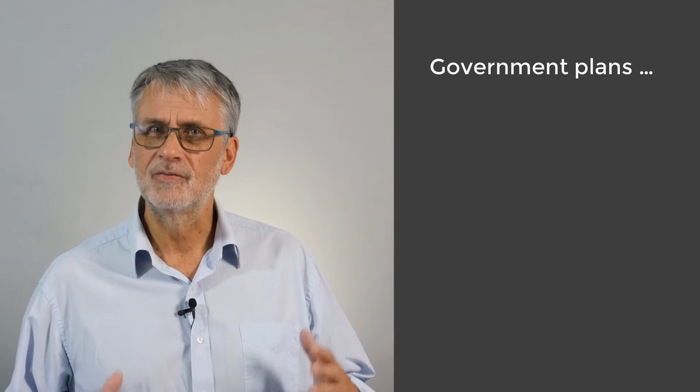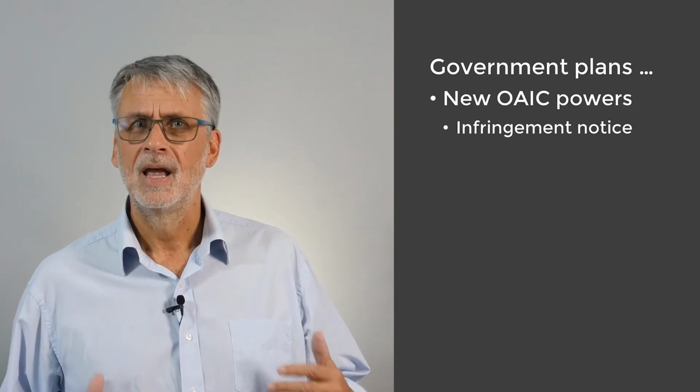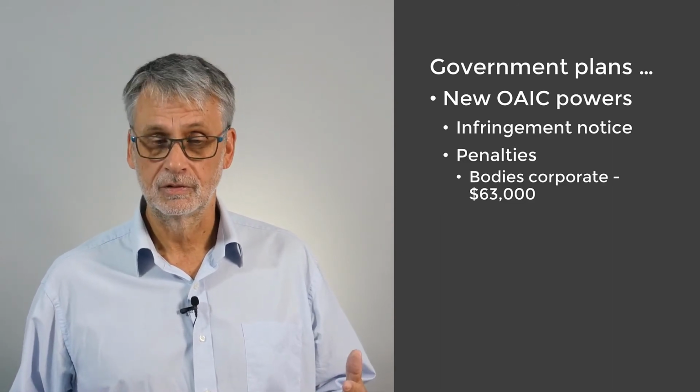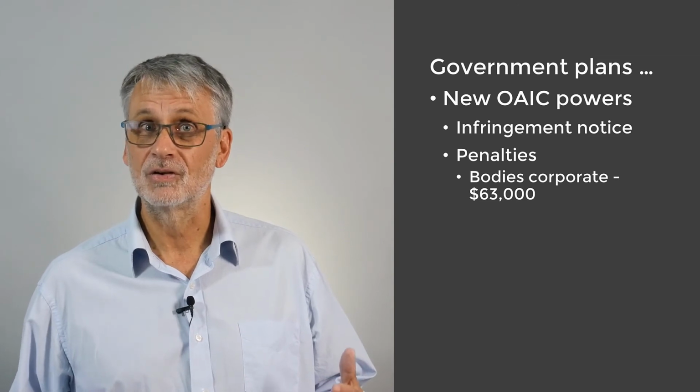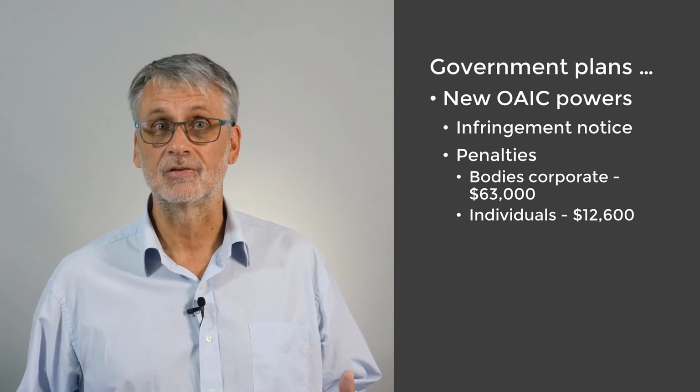It also intends to provide the OAIC with new infringement notice powers, plus new penalties of up to $63,000 for bodies corporate and $12,600 for individuals failing to cooperate with efforts to resolve minor breaches. But for most APP entities, the real cost is fixing the breach and dealing with the consequential reputational damage. OAIC imposed penalties are rare and awards paid to complainants are relatively small.